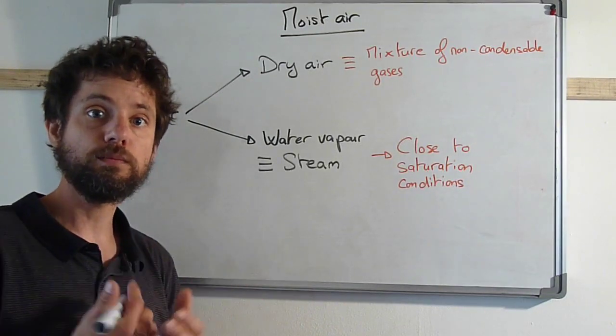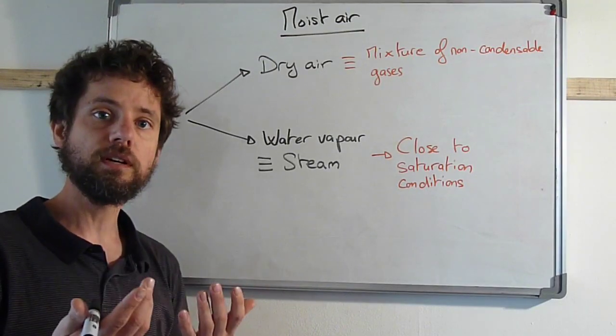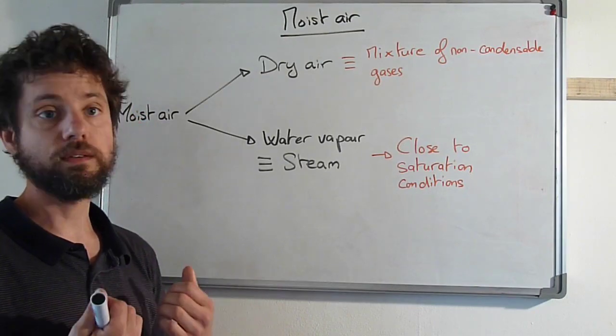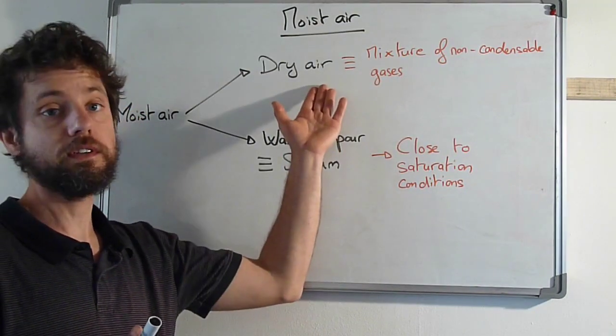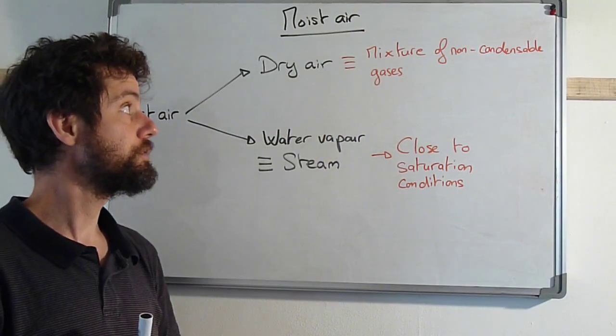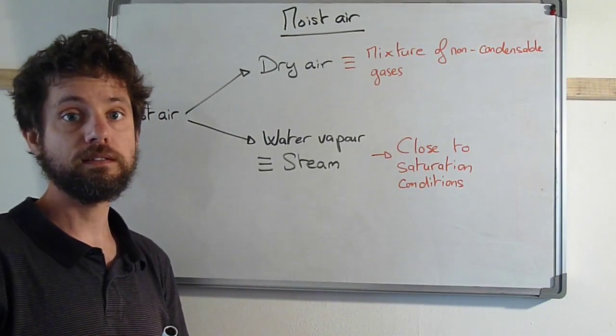It's the gases that we can find in Earth's atmosphere at ground level, except for water. So it's mainly composed of nitrogen and also of oxygen, and then smaller amounts of many other gases.